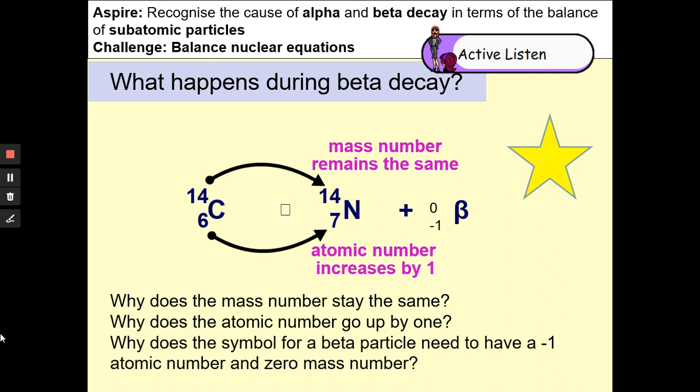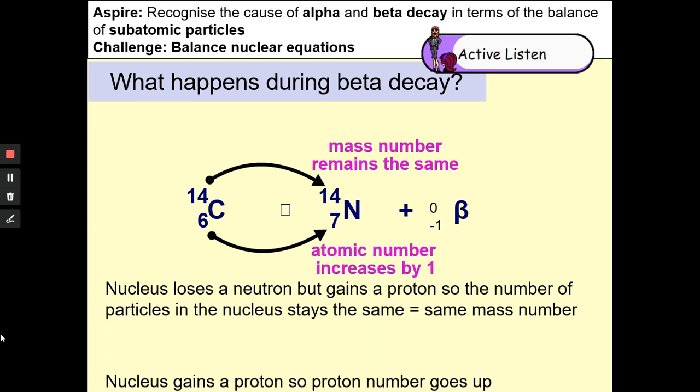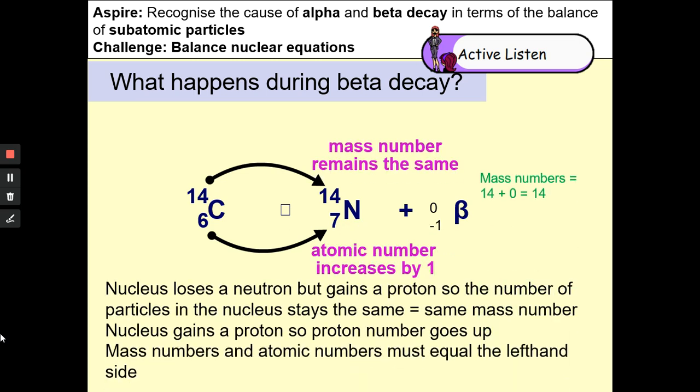Now, the rules of balancing an equation mean the mass numbers on the left-hand side must equal the mass numbers on the right-hand side, and the same for the proton number. So if we have a look at it, the mass numbers added together, 14 plus 0, gives us our original 14.